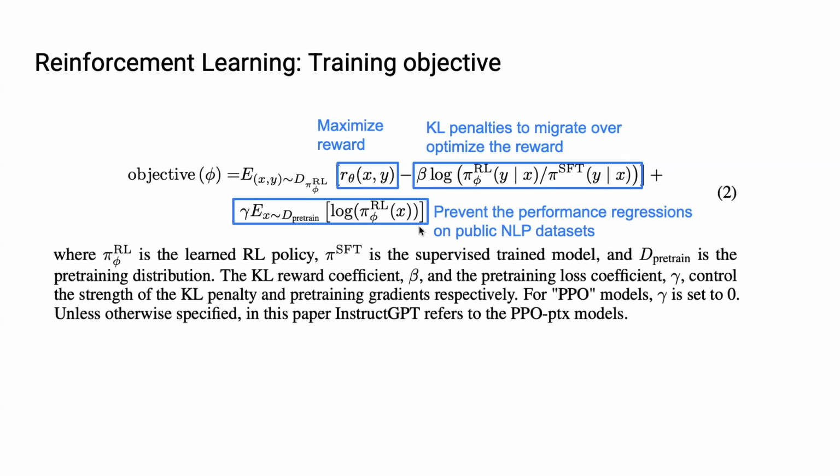They want to consider those tasks in their fine-tuning process as well, so that performance won't regress much on other public NLP datasets. So these are the three parts: maximize the reward, regularization to prevent overfitting to the reward, and keeping the model generalized to other public NLP tasks. That's what the objective is.